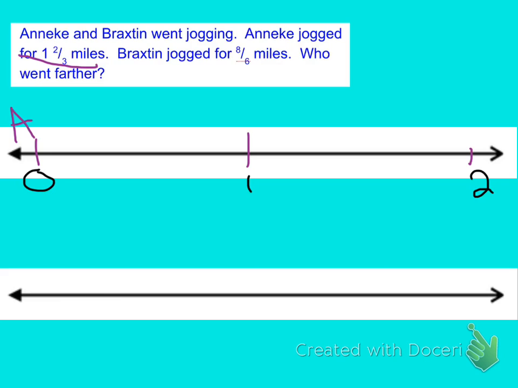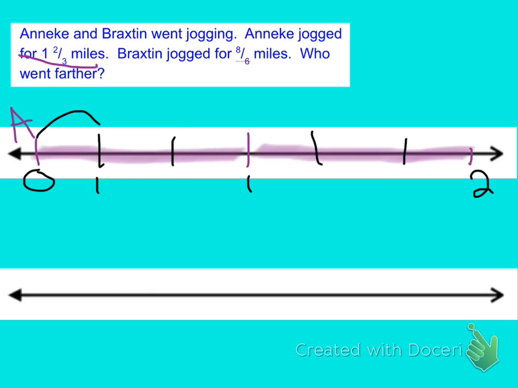Now I have to split each part into thirds because that's Annika's denominator, it's a 3, so I have to split each one into thirds. So from here to here, I'm going to split into 3 equal pieces. So there's 1, 2, and then again from 1 whole to 2 wholes, I'm going to split into 3 equal pieces. 1, 2, 3.